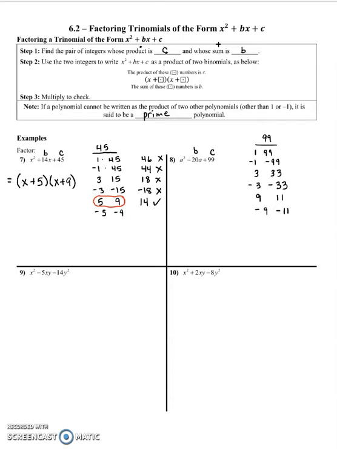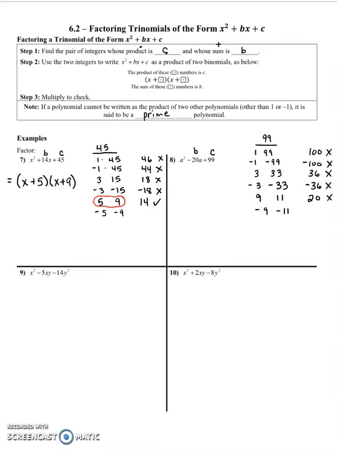Now, we need to add these up, and we need a -20. So 1 plus 99 is 100. That's not it. -1 plus -99 is -100. That's not it. 3 plus 33 is 36. Nope. -3 plus -33 is -36. Nope. 9 plus 11 is positive 20, but we need a -20.